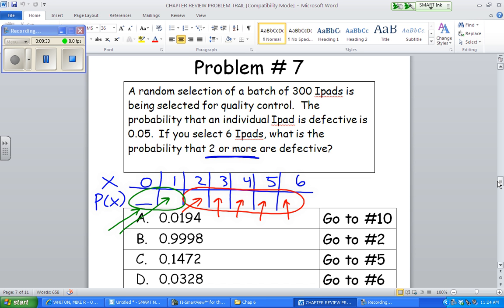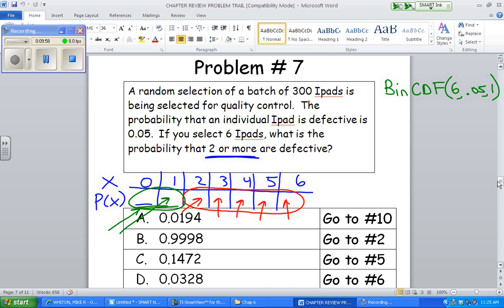So what I would do in this case is say the green stuff is binomial CDF. Remember, C stands for cumulative because we're adding up more than one together. Now that's everything up to 1. So it's a similar order. There's still 6 trials, there's still a 0.05 chance, and we want to go up through 1.